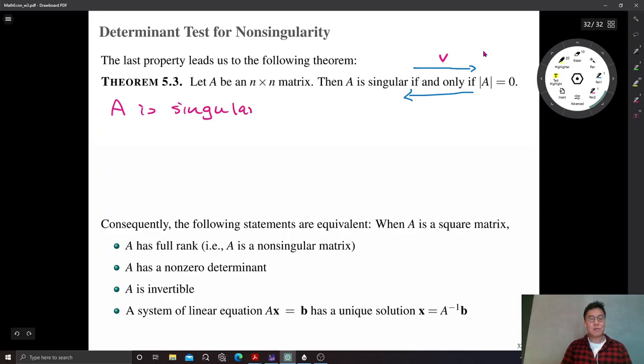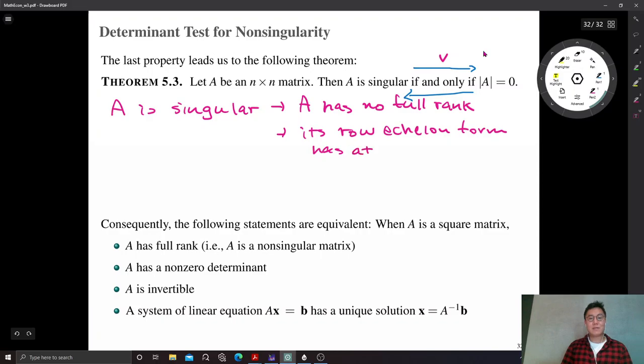Singularity implies A has no full rank, meaning that its row echelon form has at least one zero row vector.